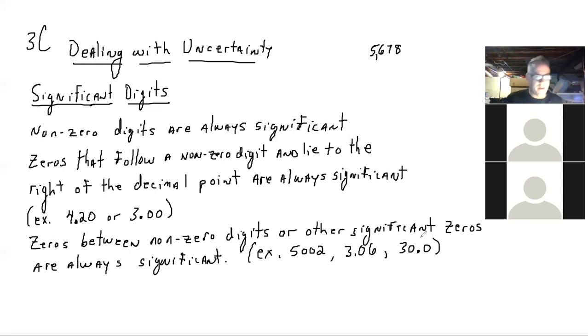I've listed out our 3 cases where zeros are always significant. Zero is the one issue we have to pay attention to: when is it significant, and when is it not?